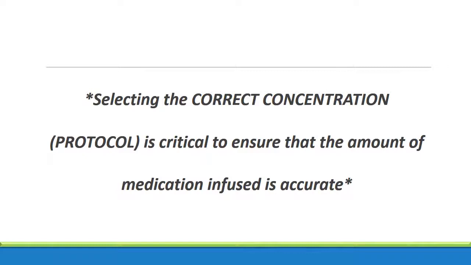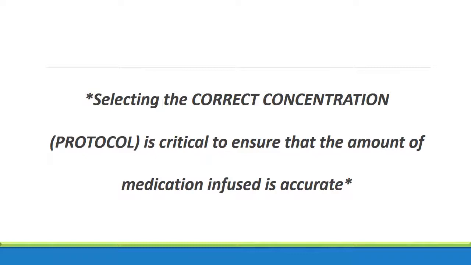So far, we have learned the concentration is part of the drug's name and the drug is part of the protocol. Therefore, choosing the right protocol is critical. Pump errors causing the most harm are the ones related to concentration. Concentration-related errors could result in overdosing, which can be fatal, as well as underdosing, which can quickly prompt a pain crisis.